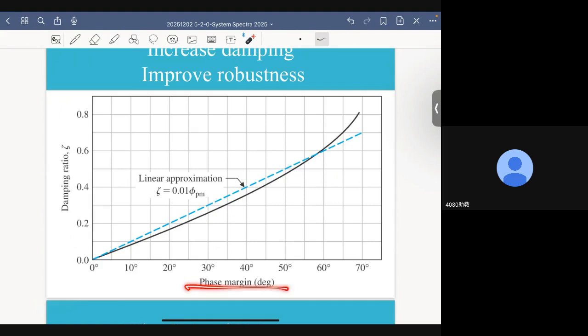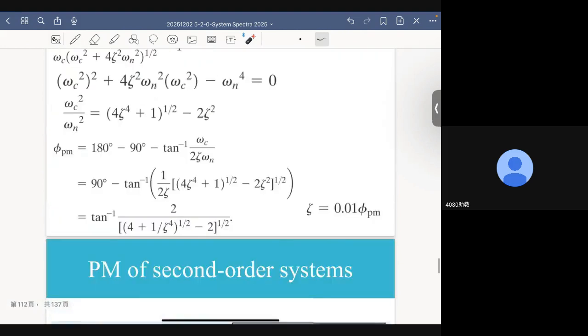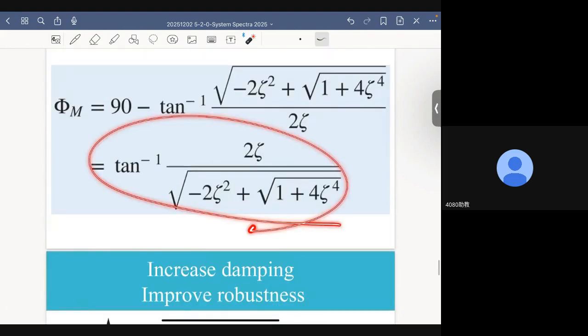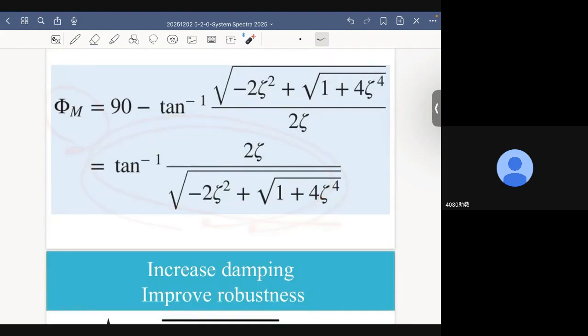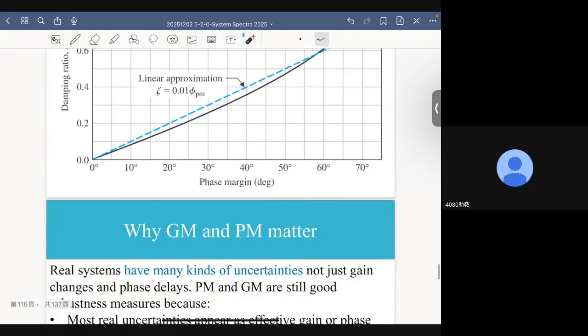That is, we want to know, if phase margin increases, how damping ratio changes. And this is what we have. And since this equality is relatively complex, it is difficult for us to directly determine the relationship between eta and phase margin.